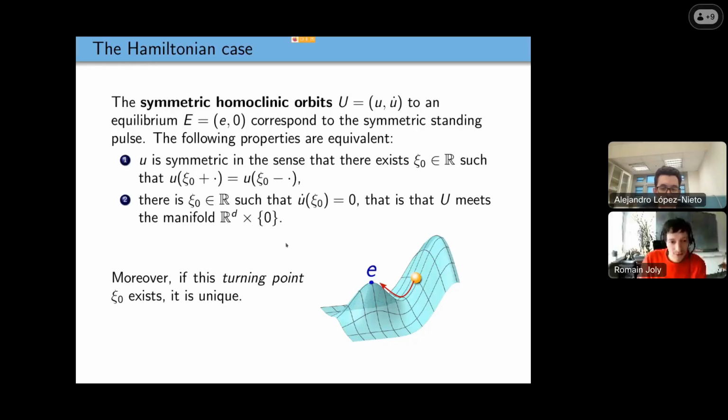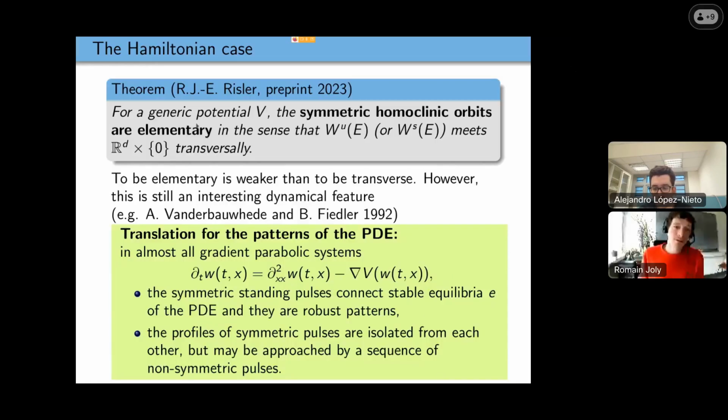So what you can hope is again transversality, but not transversality of the stable and unstable manifolds; rather, transversality of the unstable manifold and this particular manifold, the turning point manifold, the place where the speed vanishes. And this has a name: it's called elementary. A symmetric homoclinic orbit is called elementary if the unstable manifold meets this manifold where the speed vanishes transversally.